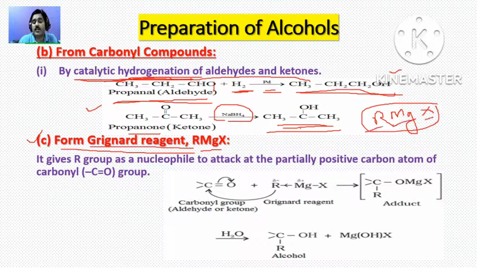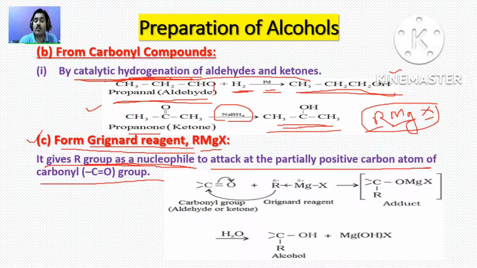If Grignard reagent is used in the preparation of alcohols from an aldehyde or ketone, then the R group, the alkyl group, acts as a nucleophile, which contains a negative charge, to attack the partially positive carbon atom of the carbonyl group. For example, here the carbonyl group is present and RMgX, the Grignard reagent, is there.